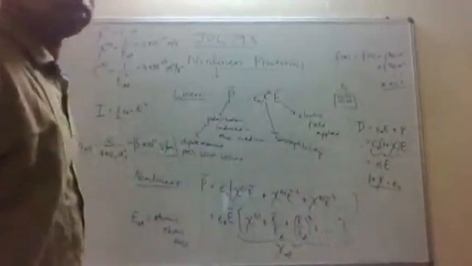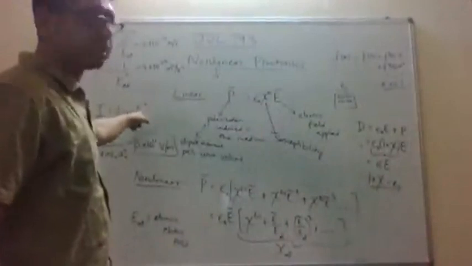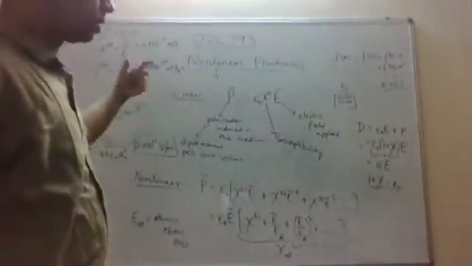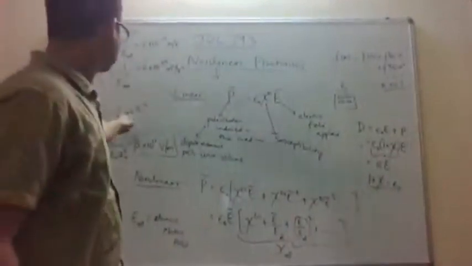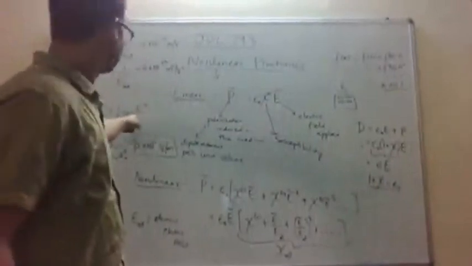So let's assume some plane wave traveling at the speed of light. The intensity of that wave is related to the energy density, which is half epsilon E square, and c is the speed at which it's propagating. So the intensity is related to the electric field like that.